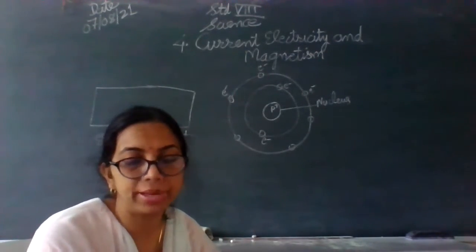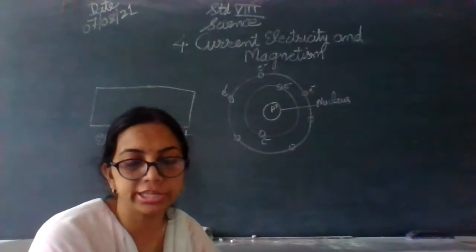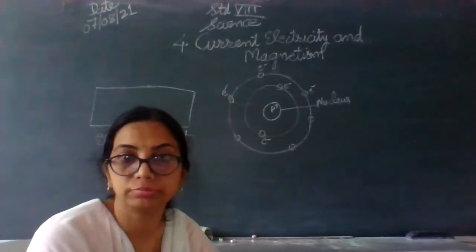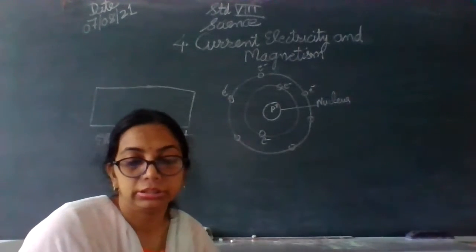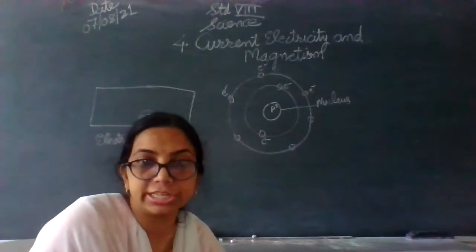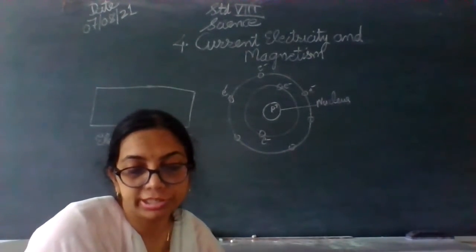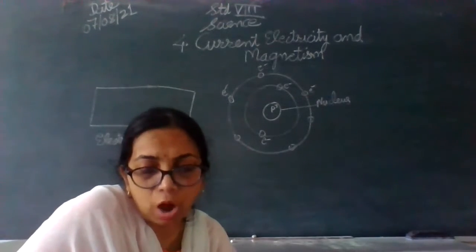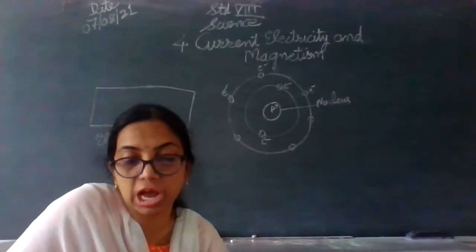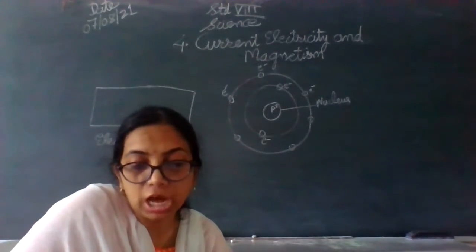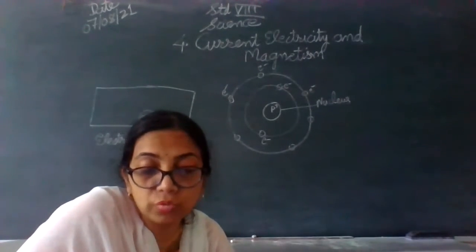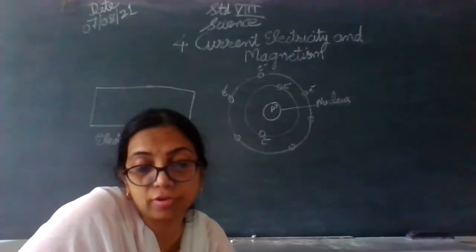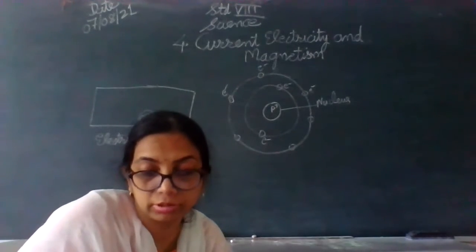Then what will happen if a glass rod is rubbed with a silk cloth? We can feel that some static electricity is being developed, isn't it? Then how do objects get charged? Or what are static and moving charges? Moving charges get transferred from one object to another.